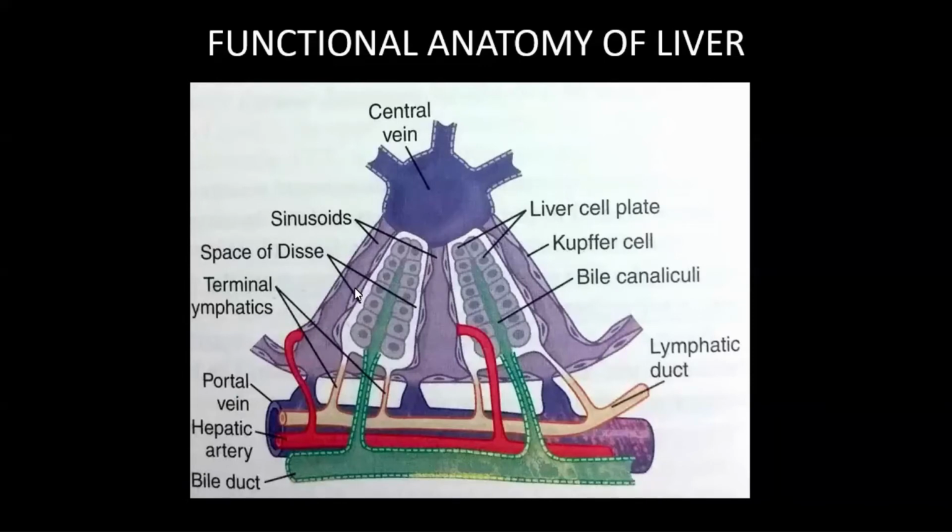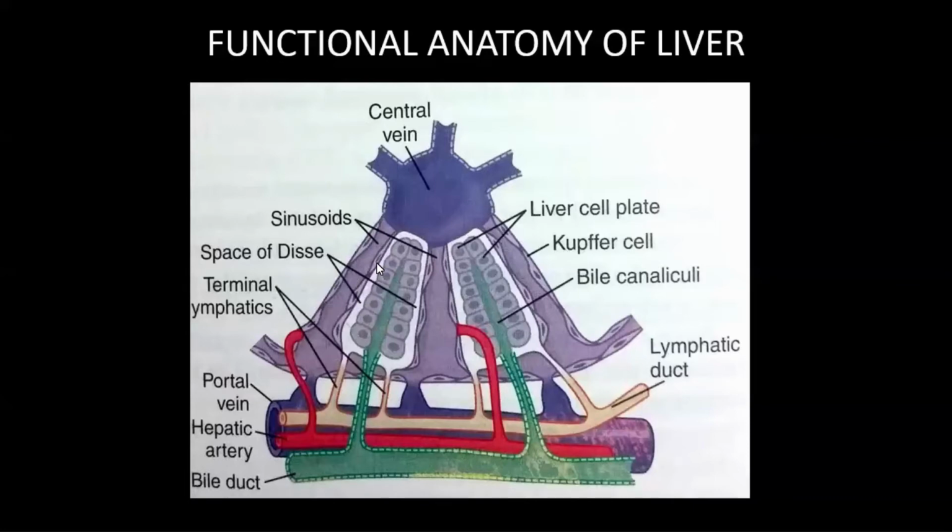Now, from this diagram, you can see that between the endothelial cells of the hepatic sinusoids and the hepatic cells, there is a space called the space of Disse. The space of Disse is the space between the liver sinusoids and the hepatocytes.